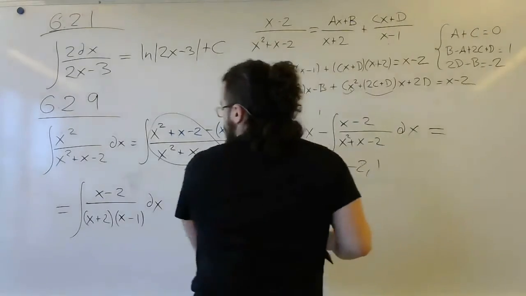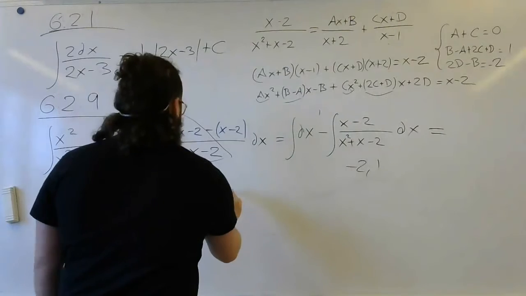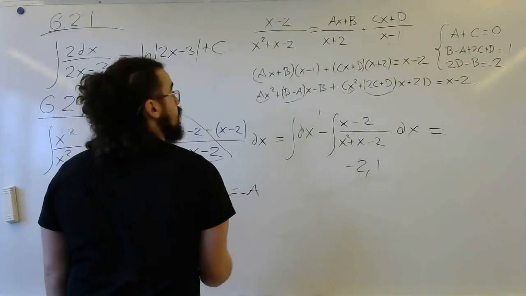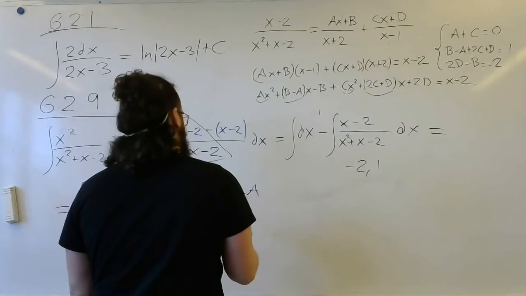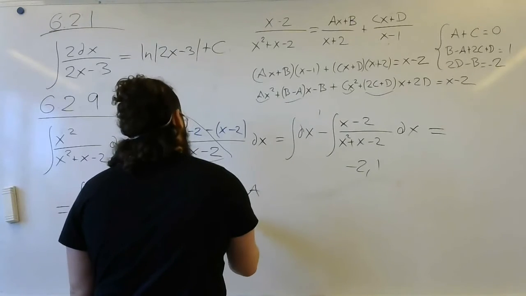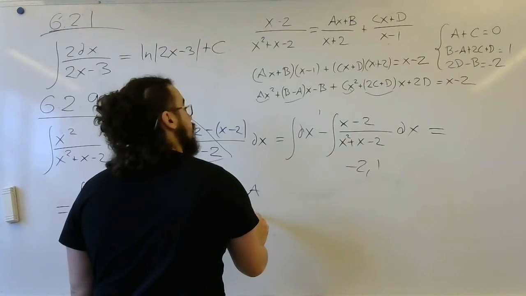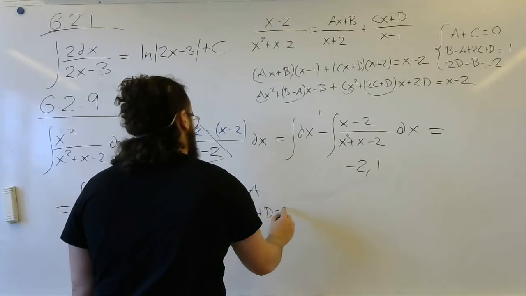So let's see what happens here. From the first equation, we have c equals minus a, which we move into the second equation. And we have b minus 3a plus d is 1.